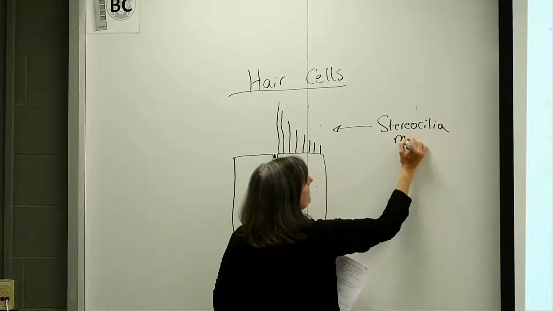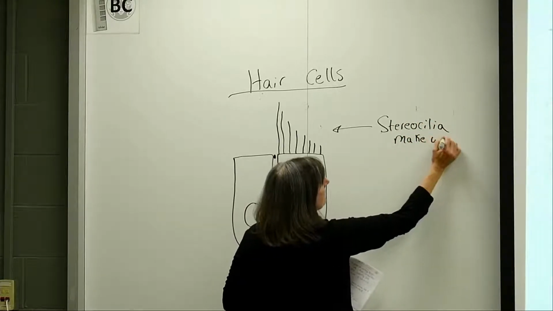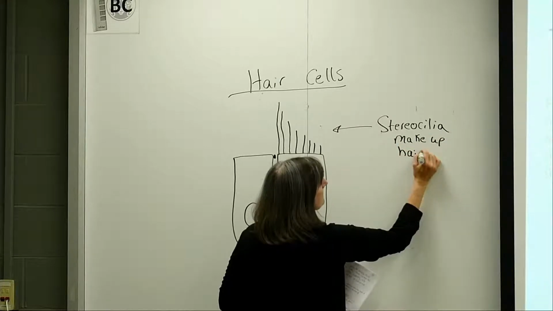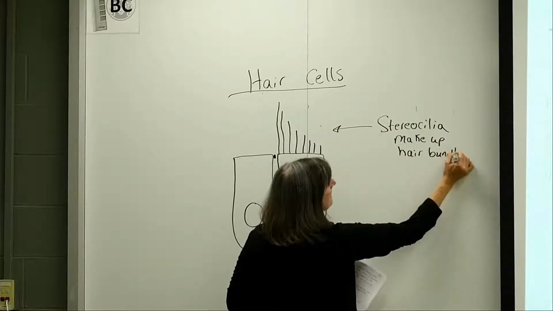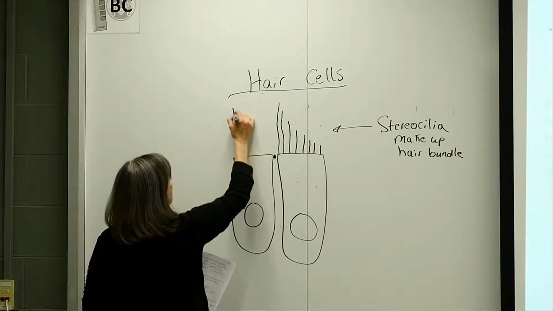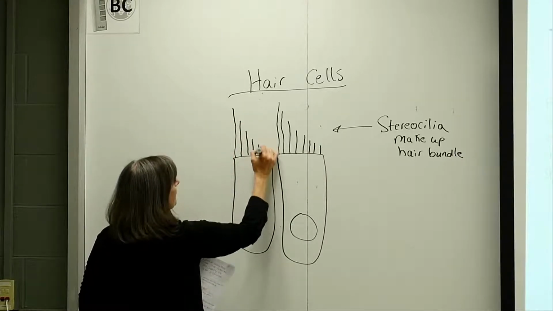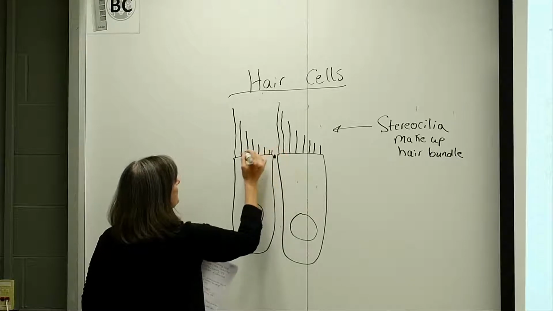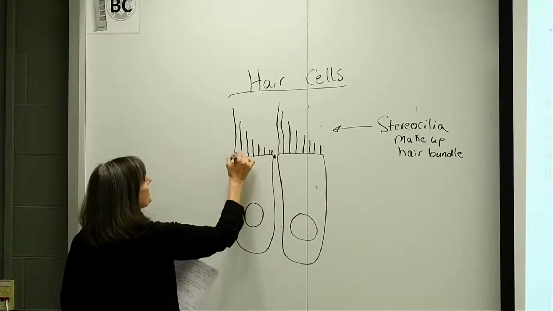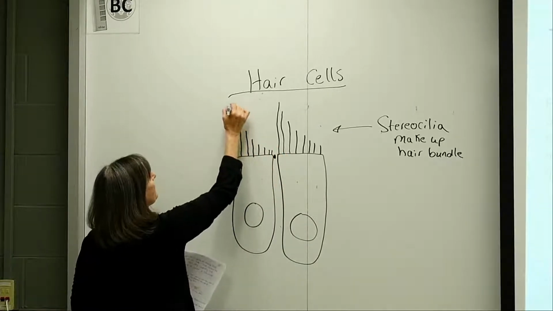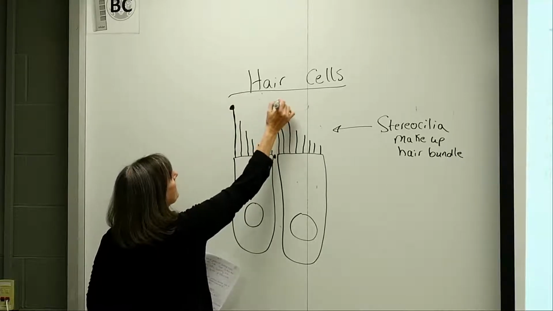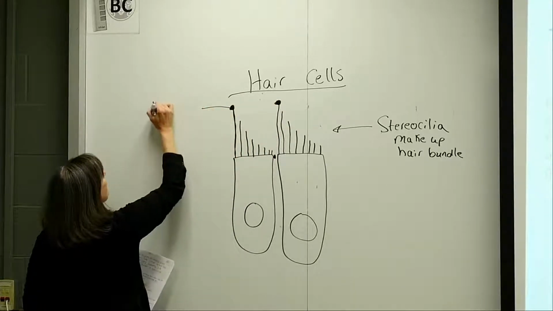So they make up the hair bundle. In the vestibular system, next to the tallest stereocilia is a structure called a kinocilium, and it has a little knob on the top. So this is a kinocilium.